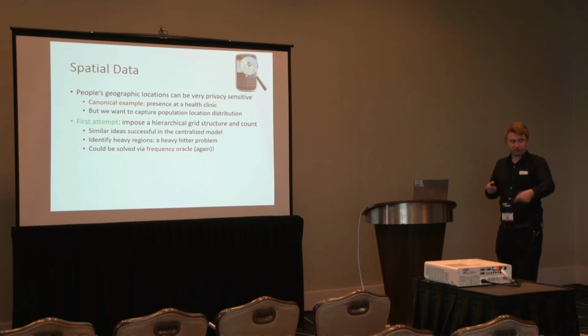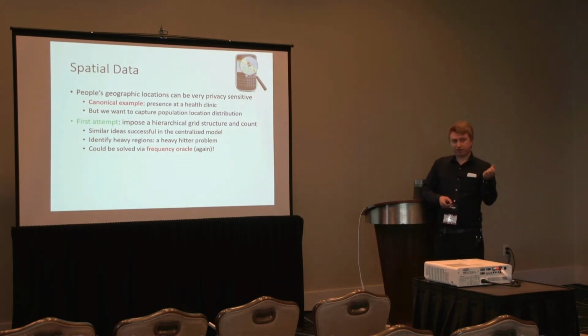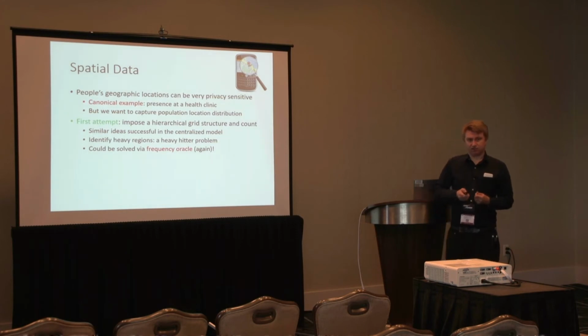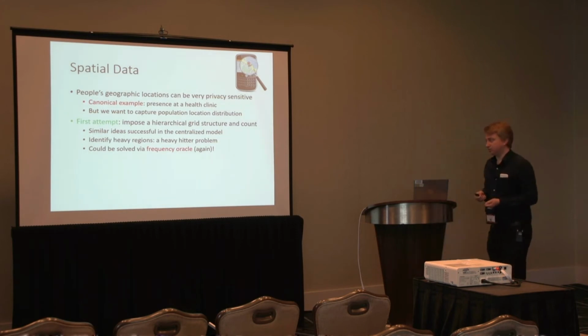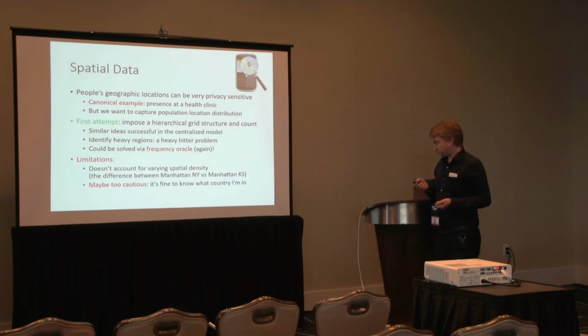And if you think about what that's doing, that's building some kind of histogram, really, within which you're collecting counts. So when you transpose that to the local model, you're similarly trying to identify buckets in a histogram and associate counts with them, so it's a frequency oracle or a heavy hitter kind of problem, once again.